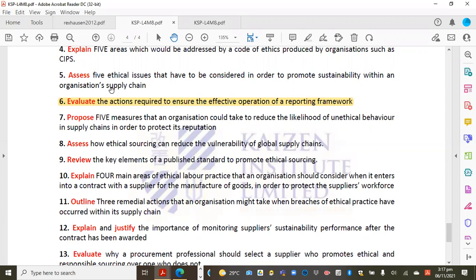So, like you are saying, the first answer I gave is checks and balances. Then you are talking about code of ethics or code of conduct and audits. They are all under checks and balances.